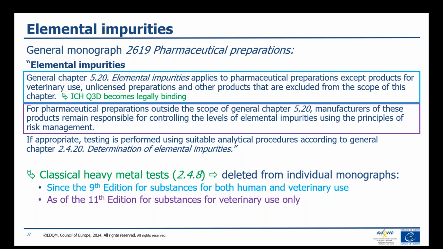And with this part of the paragraph, it was decided also to delete all the classical heavy metal tests from the monographs which cover substances for veterinary use only. And this was done for the 11th edition.